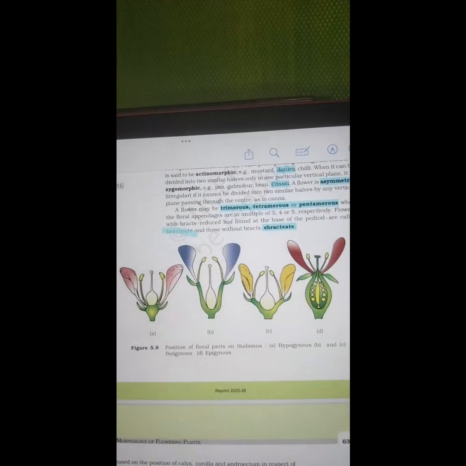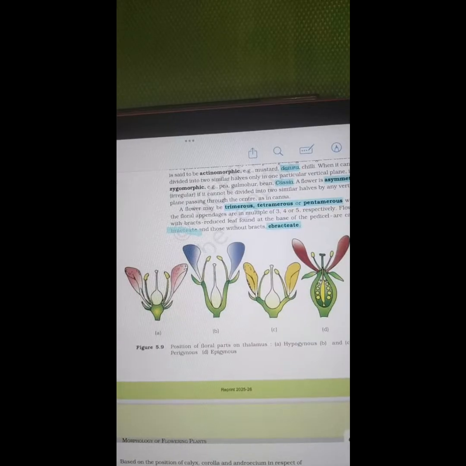Now, these diagrams are also important as they are telling you the position of the ovary. If you look, A and B are mentioned as hypogynous. The word hypogynous is used when the ovary is superior. We have already studied that calyx, corolla, androecium and gynoecium are the four whorls. This you have studied in grade 10 as well.